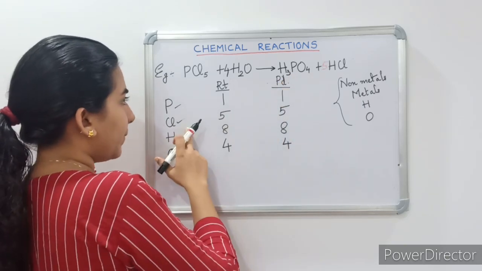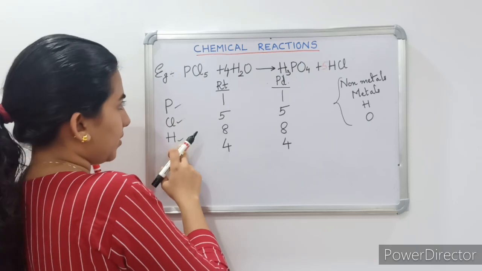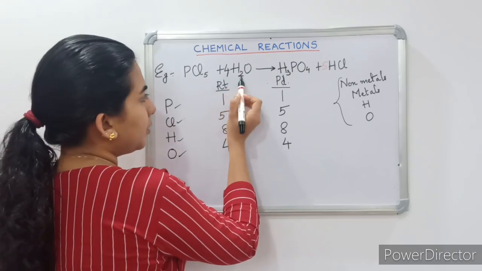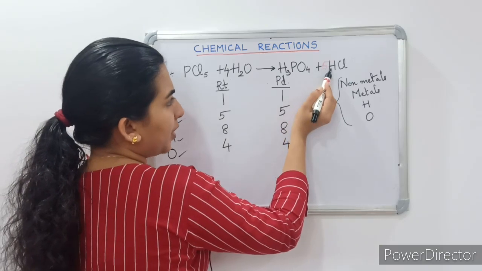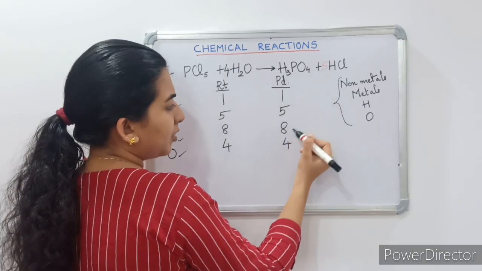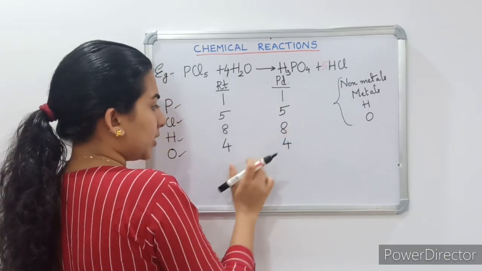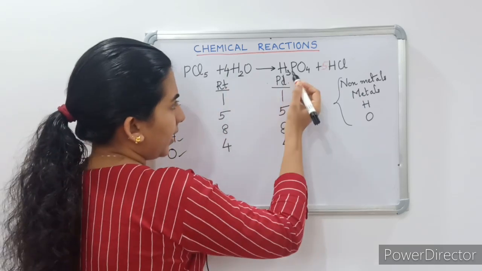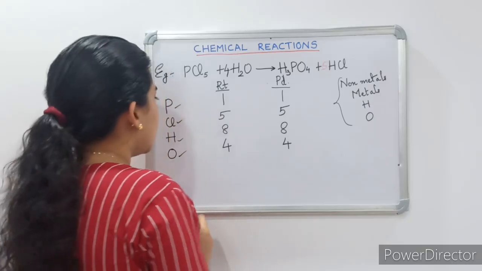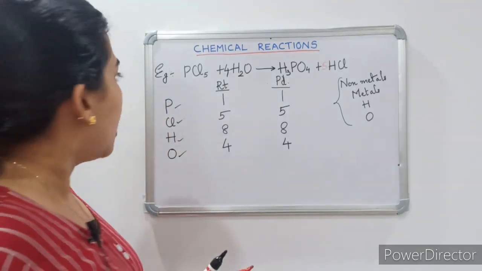Then hydrogen. Hydrogen 4 into 2, 8 in the reactant side and 5 plus 3, 8 in the product side. Then oxygen 4 in the reactant side and 4 in the product side. So the equation is balanced.